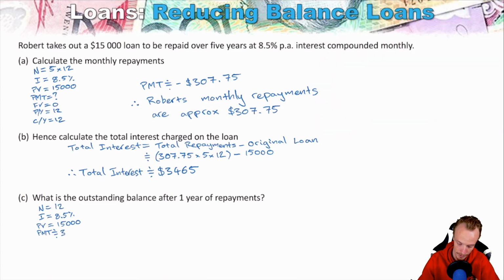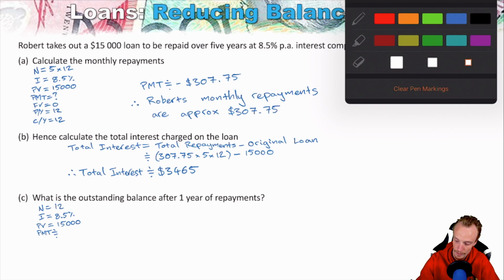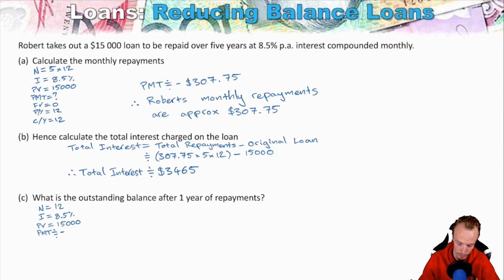Let me just quickly make that negative. So getting the signs correct is really, really important. Otherwise, you can get some really wacky numbers. So negative $307.75. Future value, that's what we're actually calculating. The P/Y and C/Y are both 12 here.